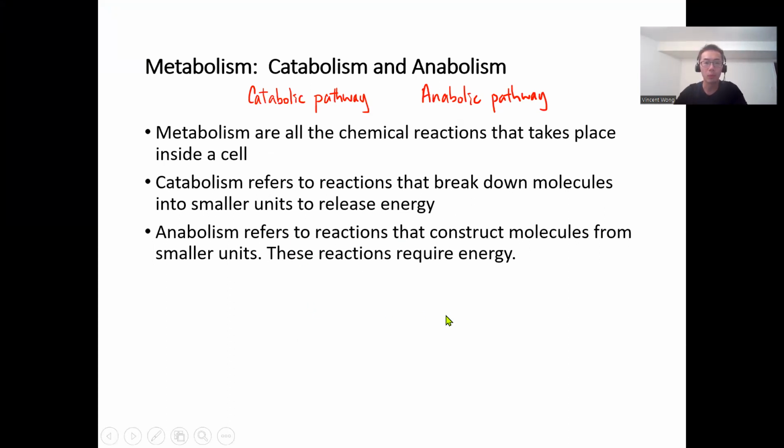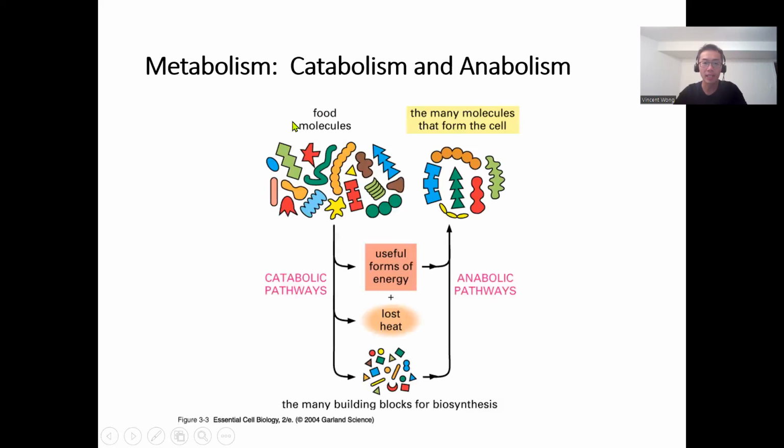So within the body, when we eat food, what is exactly in the food that we eat? Anybody want to tell me what are some of the molecules that are found in our food? You should know. We spent a whole lecture talking about it.